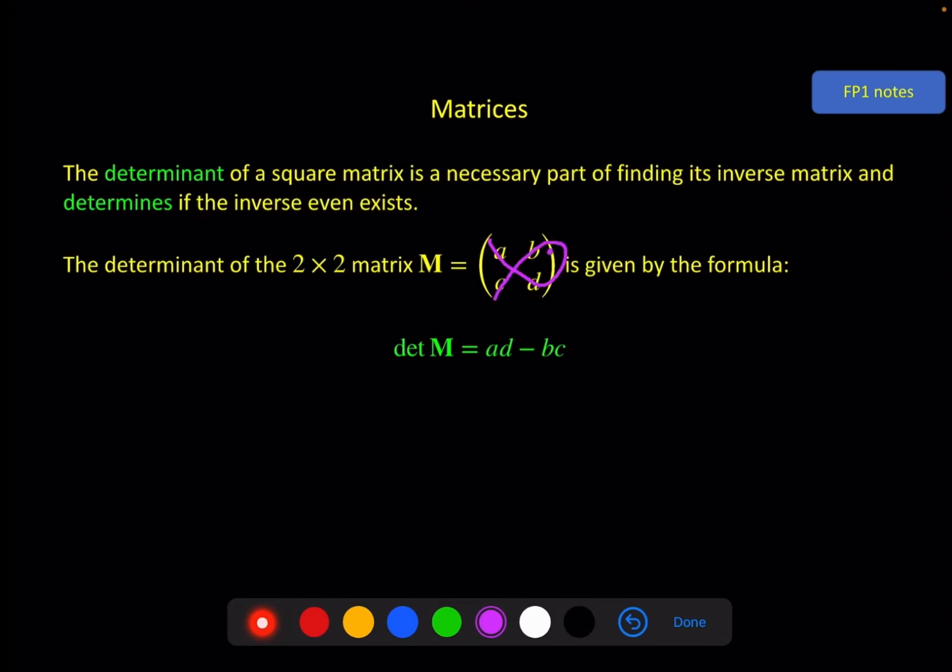And there's my little fish. And that helps me to remember. And what I do is I say A times D minus B times C. That might seem a bit silly, but if it helps you, you can do the same. And that's it. This is why I'm putting two sections together in this video, because for the determinant, so long as you can remember this, that's it done.